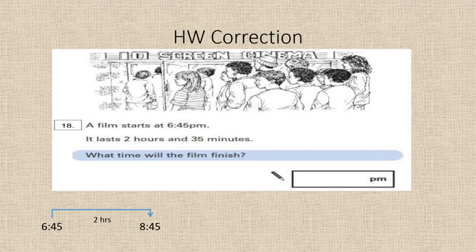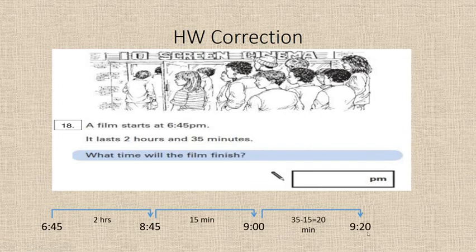For this 35 minutes, I will walk first 15 minutes to make it a whole hour, which is 9 p.m. And after that, I will walk again 20 minutes, because 35 minutes minus 15 minutes equals 20 minutes. So 9 plus 20 minutes equals 9:20 p.m. So the answer is 9:20 p.m. This is the answer for question number one.